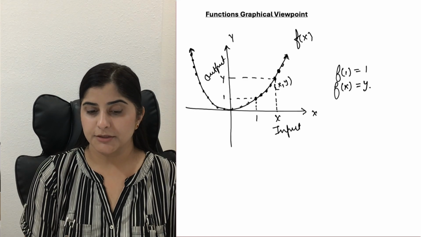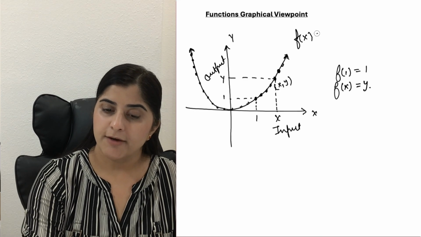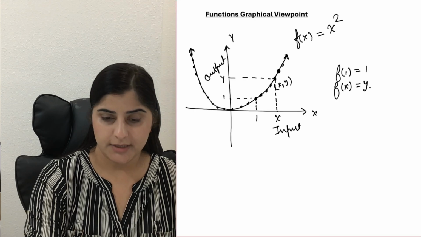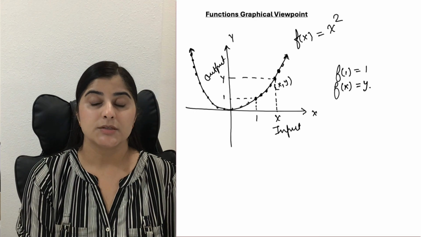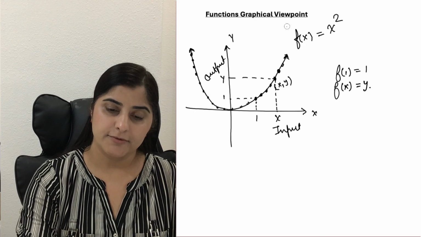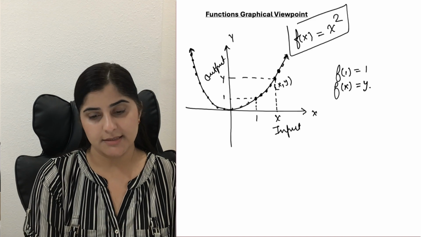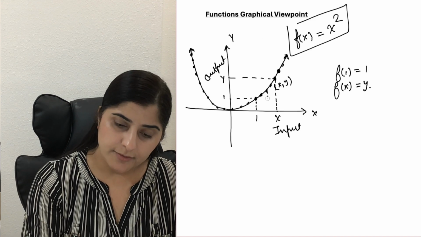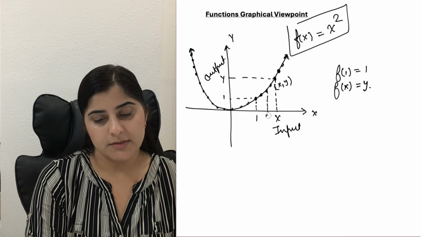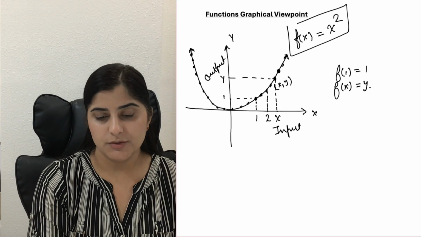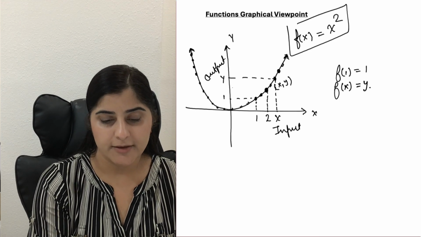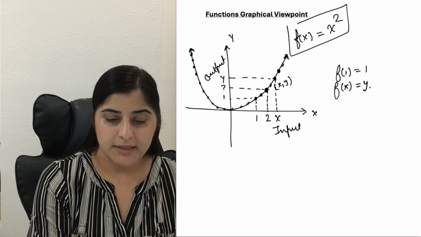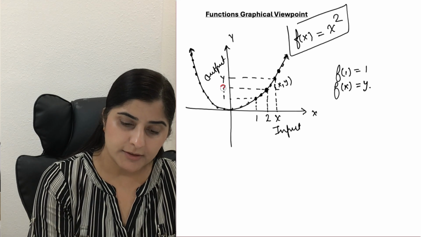If you know the function, suppose f(x) is equal to x squared. So this is a parabola. Suppose this is the graph of f(x) = x squared. And if you are asked, this x value is 2, find its corresponding y value. So what will be this value? We are looking for this value.